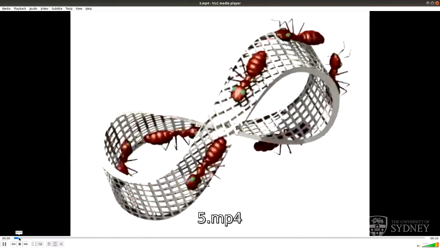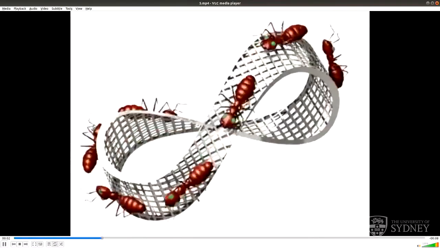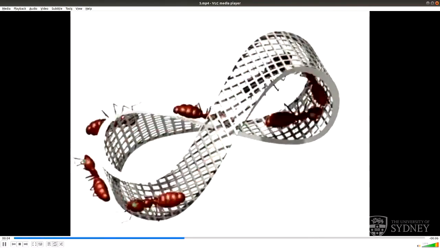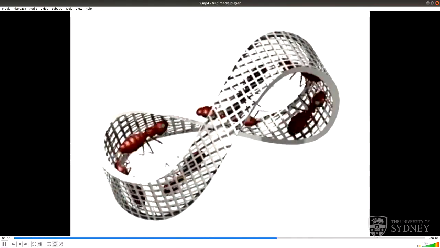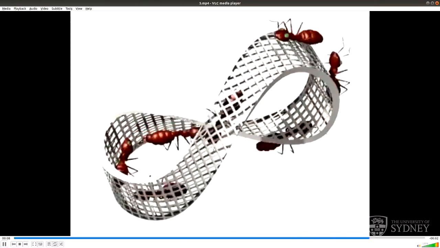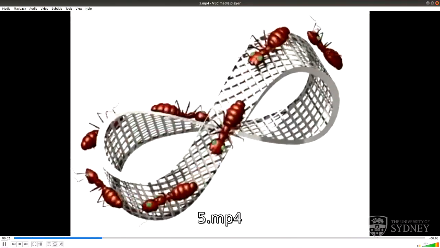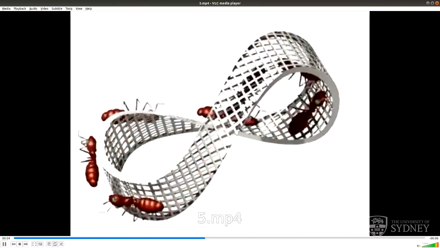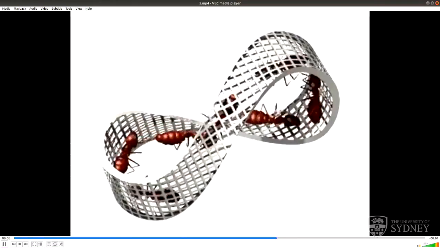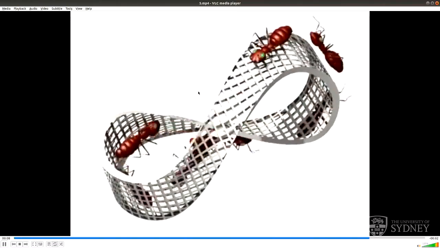So the Möbius strip is this non-orientable surface that you get by taking a piece of paper and just wrapping it around so you get a little twist. And non-orientable meant that it has just one side. And as you can see here in this nice animation, the ant just goes around all the way, and it's the inside and the outside at the same time. So non-orientable was this one-sidedness.